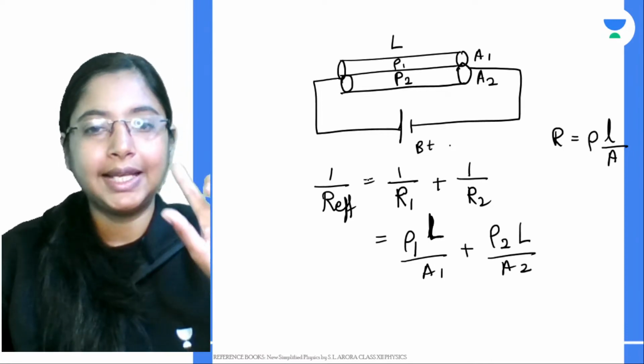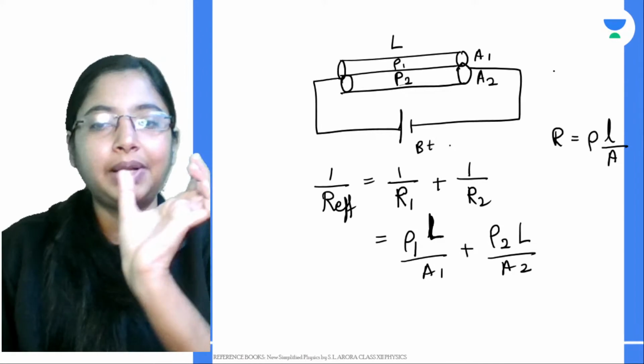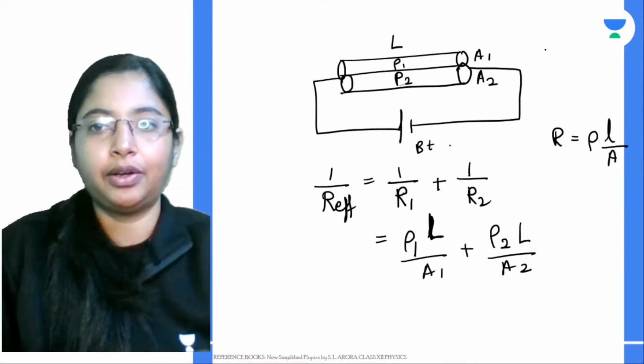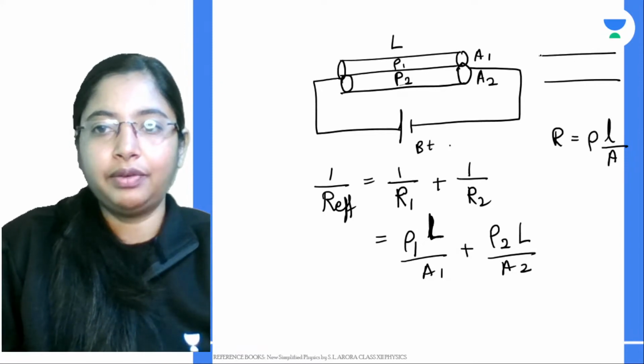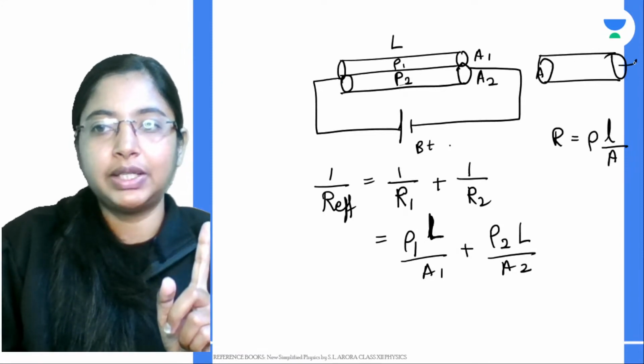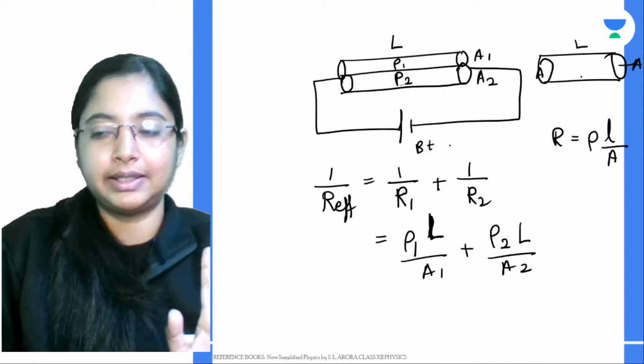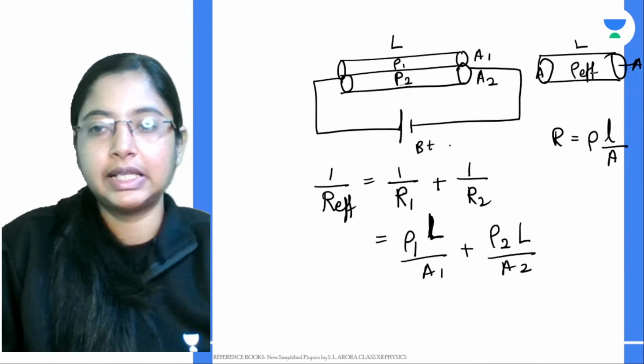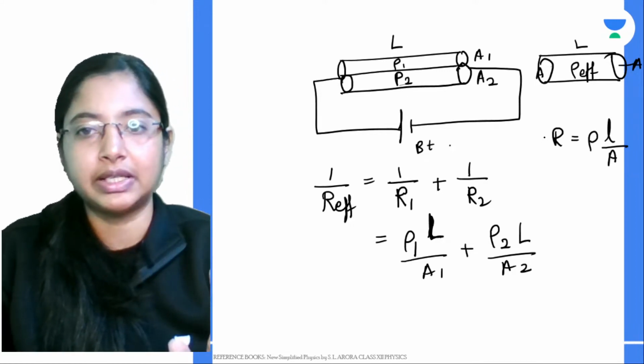Effective resistance, in case of these two, if you replace it by one single wire over here, then that wire will have an area A and a length L, and its resistivity will be the equivalent resistivity.